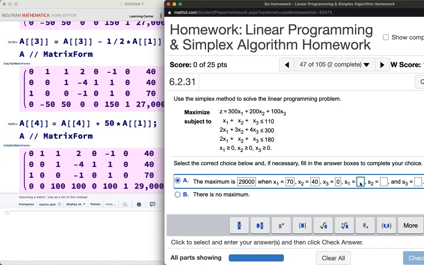S1 is non-basic, so that has to be 0 by default. S2 is a basic column because I just see the 1, and everything else is a 0.